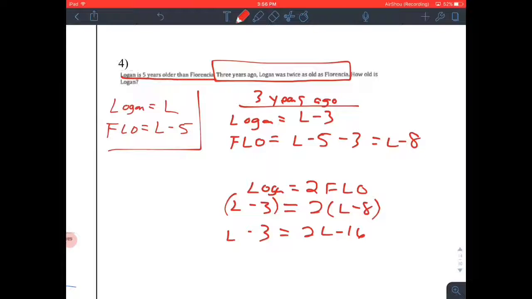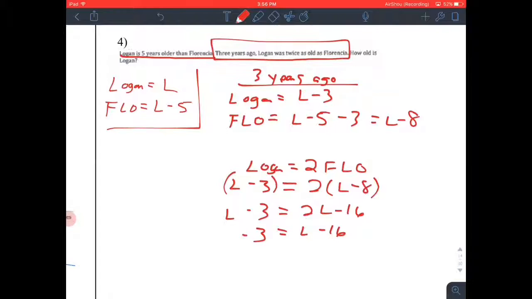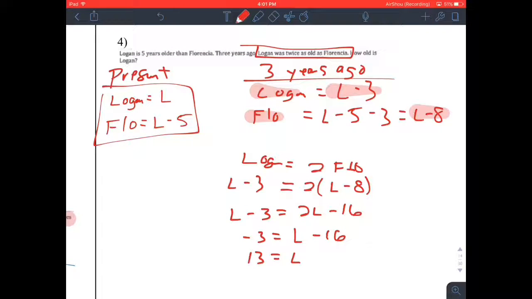If we subtract L from both sides, we get negative 3 is L minus 16. If we add 16 to both sides, we get L is 13. Logan is 13 years old in the present. It said, how old is Logan? He is 13 years old.